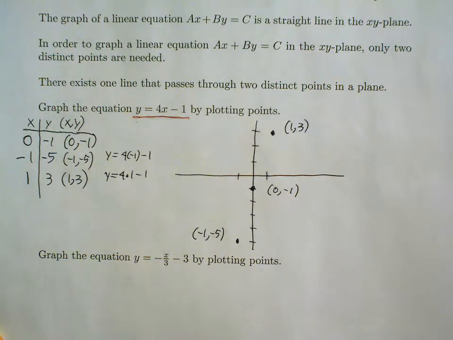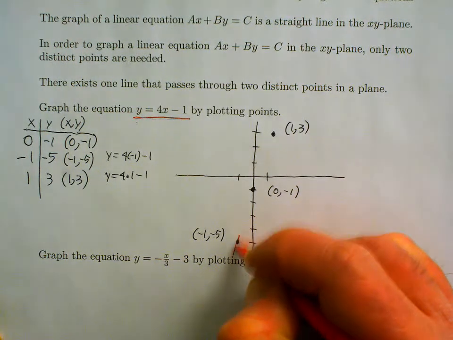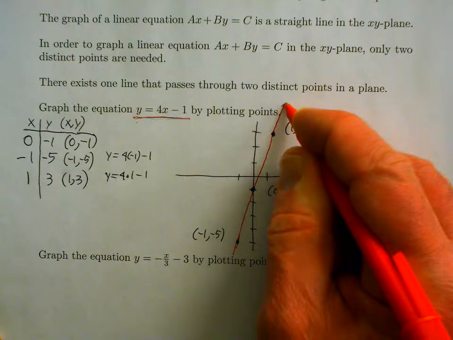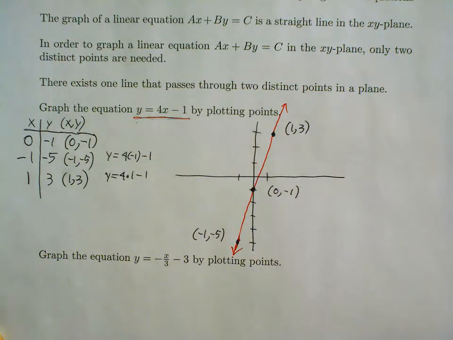Those are all points on the same line. My graph is not completely accurate, but it's fairly reasonable for a graph of a straight line.